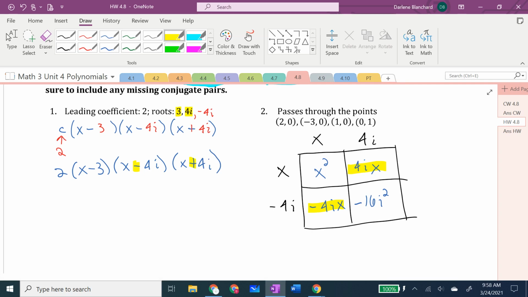But in this situation, if you fully get why you can skip a step here, you can just multiply the x's together and then multiply the negative 4i and the positive 4i.